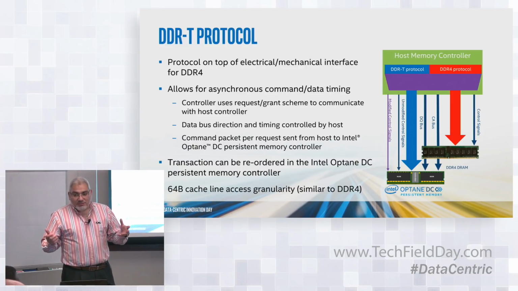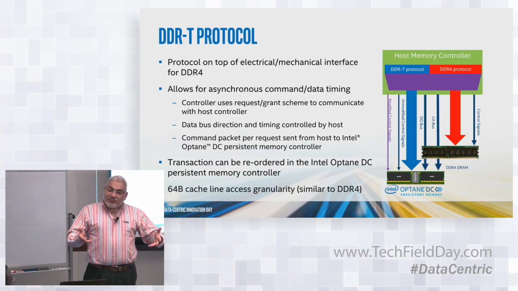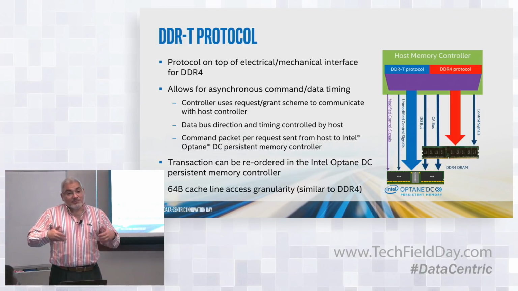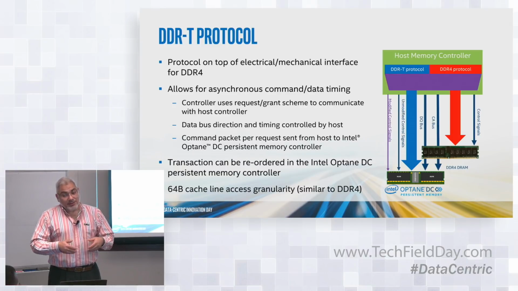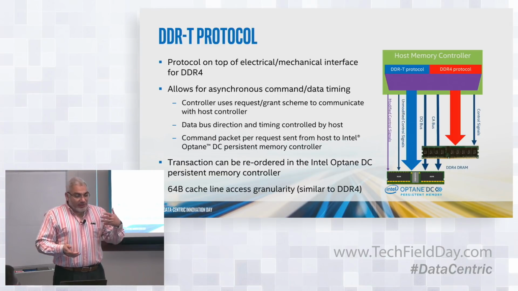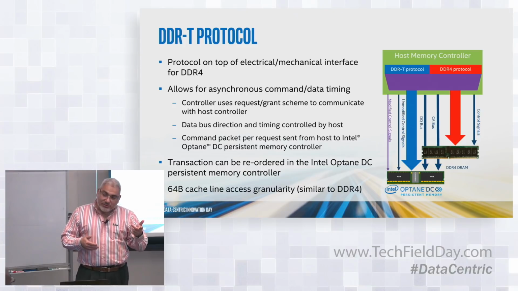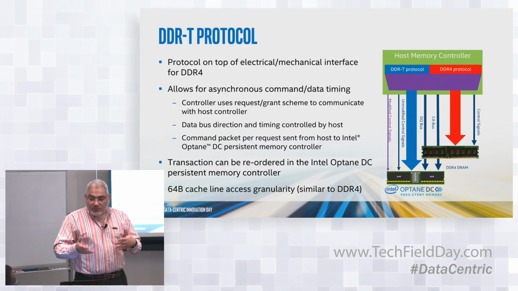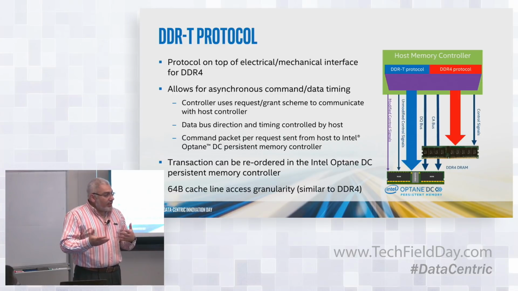When can I get the bus? The host, being the master of the bus, decides on the time to give the bus back to the Optane DCPMM. At this point, it will send a grant signal to the Optane module, which will then put the data on the bus to be consumed by the CPU. So this is how they handshake.